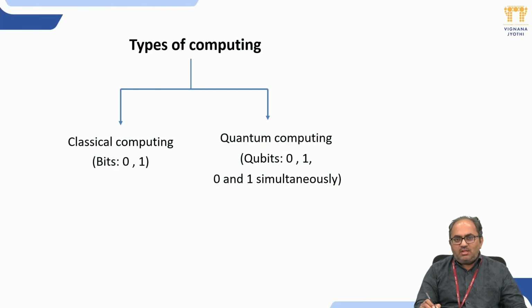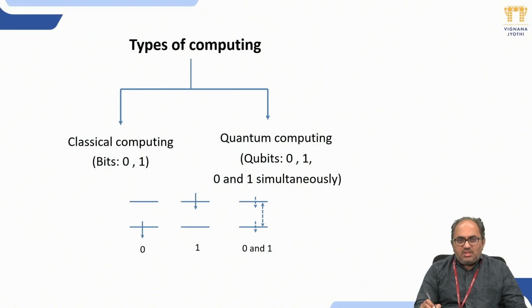So we say that a qubit can exist either in the 0 state, the 1 state, or in the 0 and 1 state simultaneously. That is the superposition of 0 and 1. This gives some power to the computing. We will understand how a qubit, which is in the superposition of state 0 and state 1, gives power to the computing.